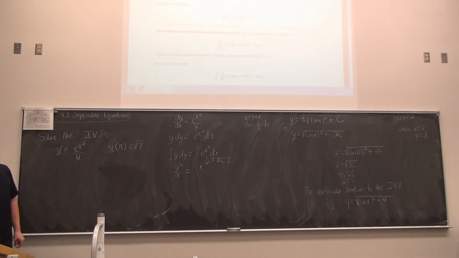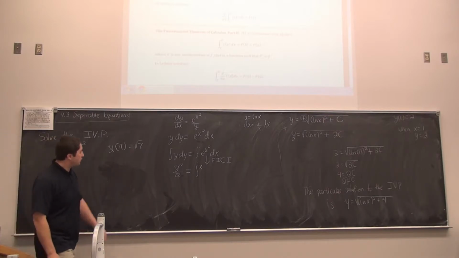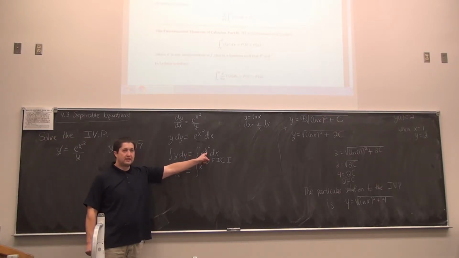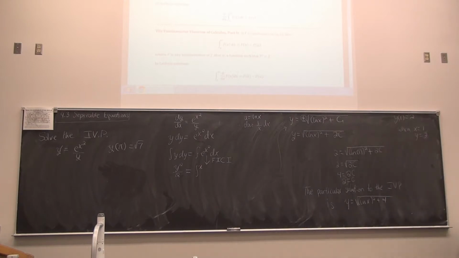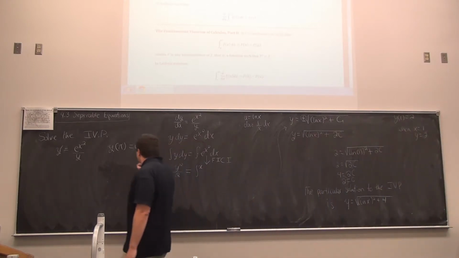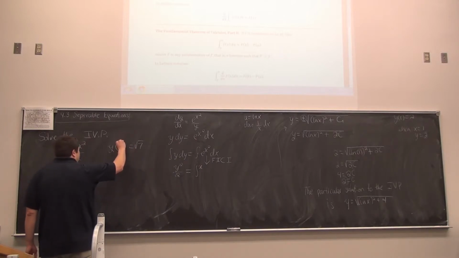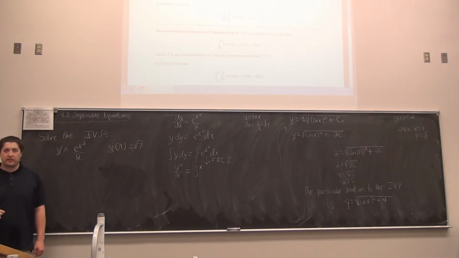The lower limit of integration doesn't necessarily have to be a. That's just how we chose to write it in the formulation of that theorem. It can be anything in the domain of e to the x squared, but the domain of e to the x squared is all real numbers. But there is still one further important trick. If we want to solve the initial value problem, we should pick this right here for our lower limit of integration.